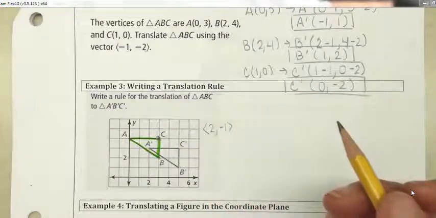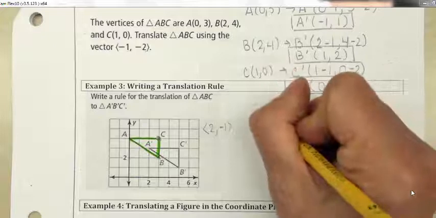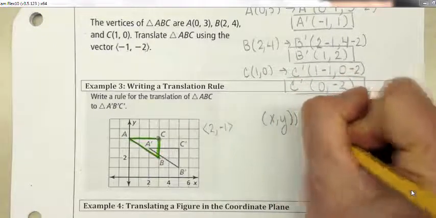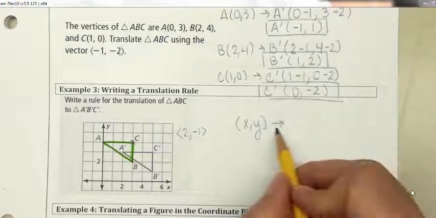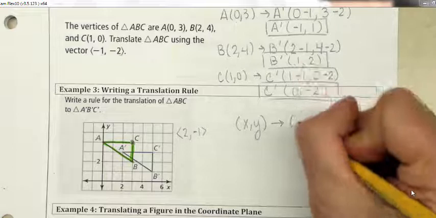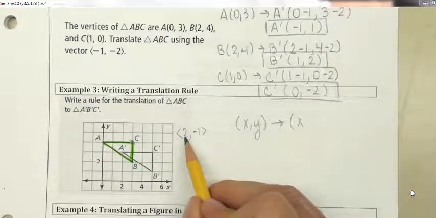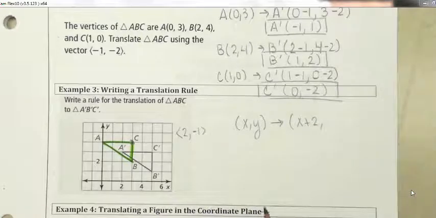Write 2 down 1. Okay, so the way that we write the rule is that we basically write it out in coordinates. So we say for every coordinate x, y, it gets transformed into, well, every single x coordinate gets moved right 2. So I take the x coordinate and I add 2 to it. And every single y coordinate gets moved down 1.